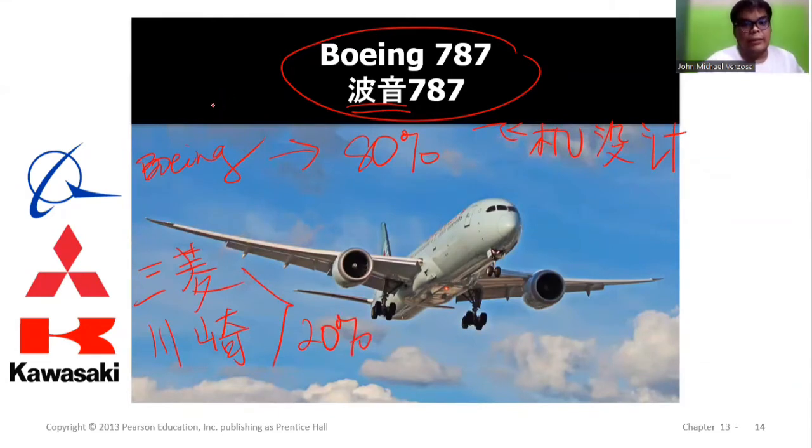And because of that, the design of the aircraft allowed it to become available to Japanese airline carriers such as Japan Airlines and ANA Airways.